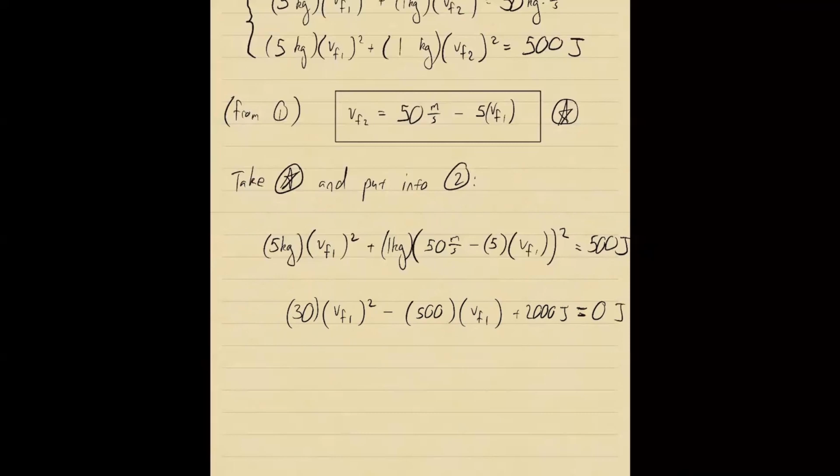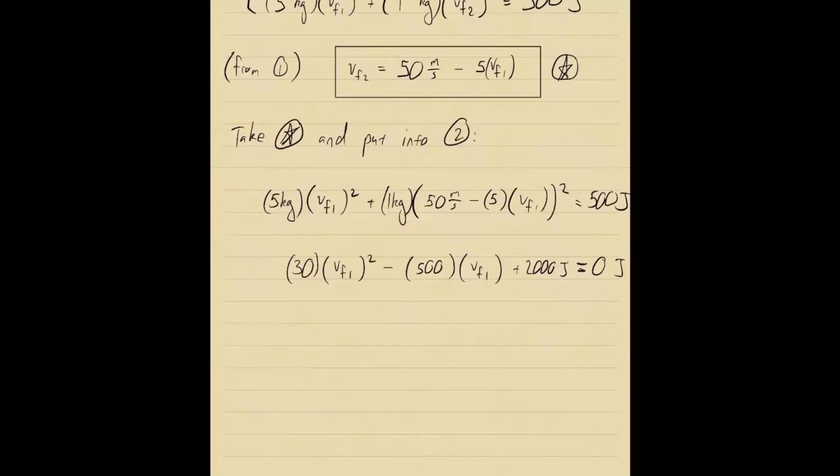So we can use the quadratic formula to try and figure this out. According to the quadratic formula, our final velocity for the first ball is 500 plus or minus the square root of b squared, which is 500 squared, minus 4 times the value for a times the value for c, all under the square root.